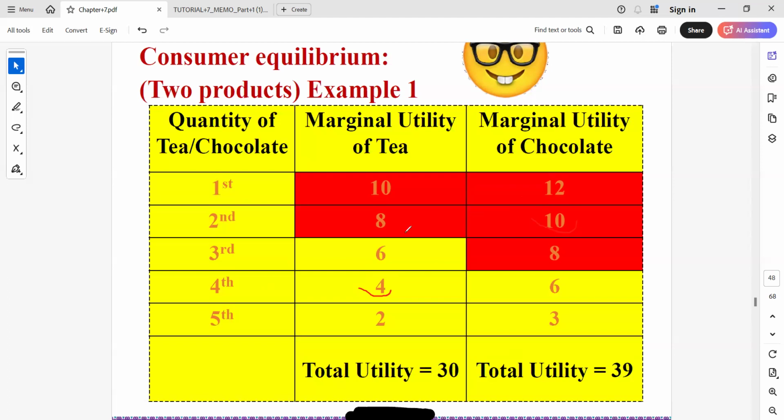So 10 plus 8 plus 6 plus 4 equals 28, plus 10 plus 12, which is 50. Is it 50, guys? If you're calculating, just say 10 plus 8 plus 6 plus 4, then 12 plus 10.